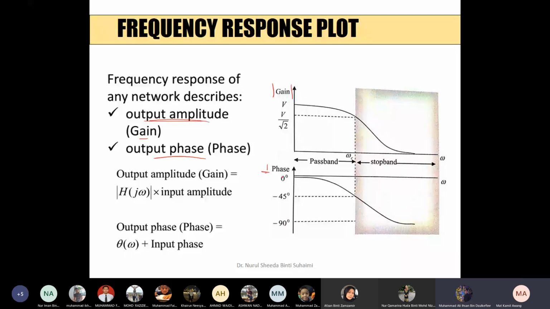So this is the omega. The horizontal axis is omega or frequency. The vertical axis can be gain or phase.